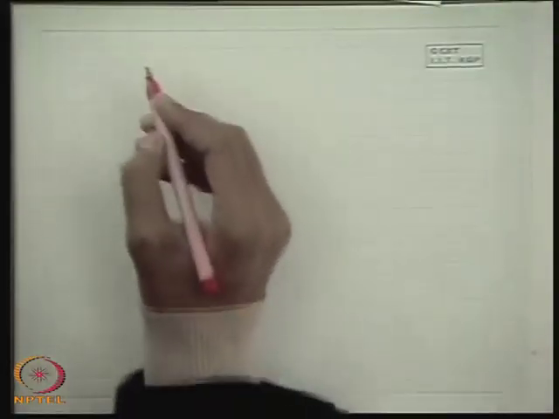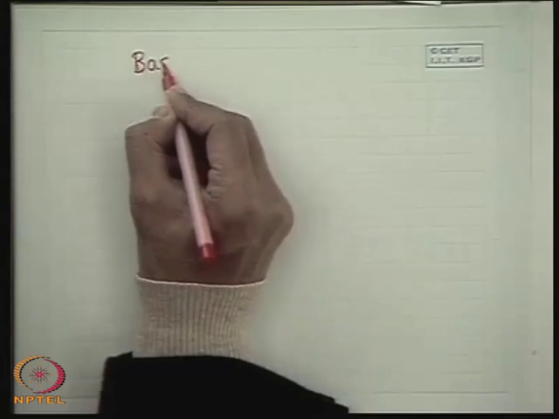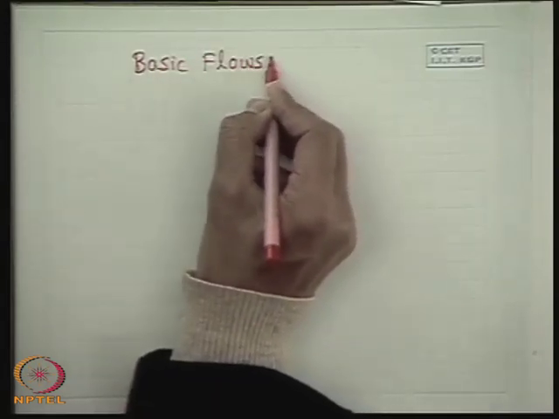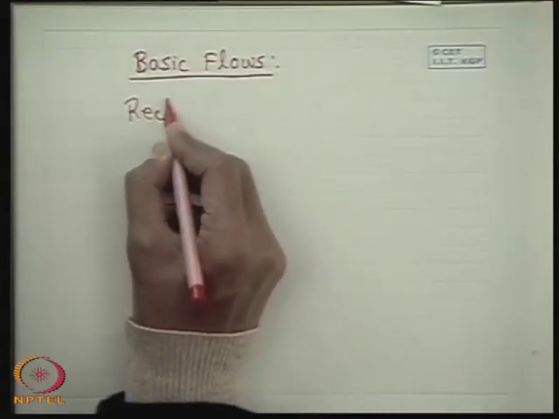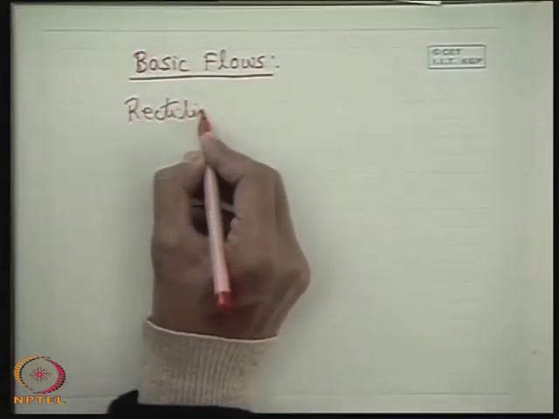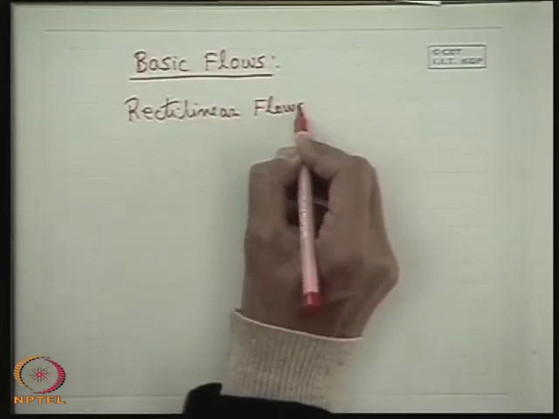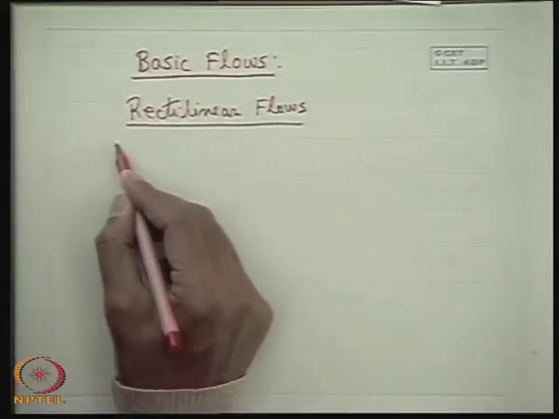Okay, now after this, I will discuss certain basic flows. First, we discuss rectilinear flow. Rectilinear flows are flows in a straight line and the velocity vectors are parallel to each other.